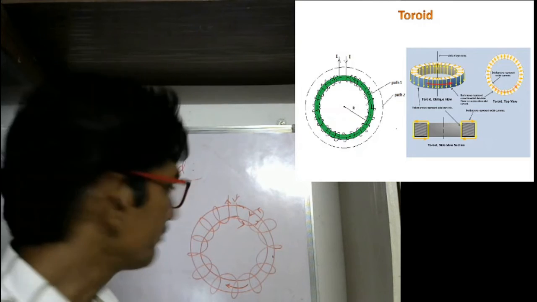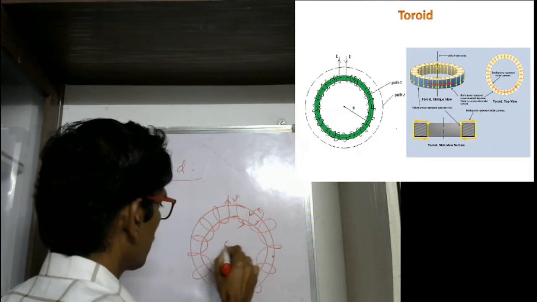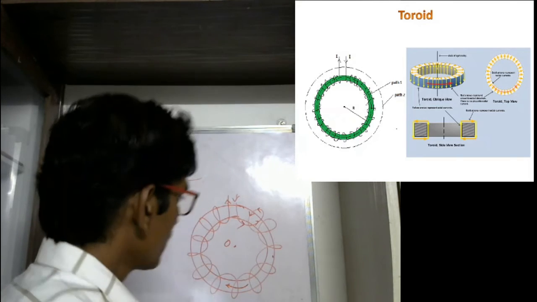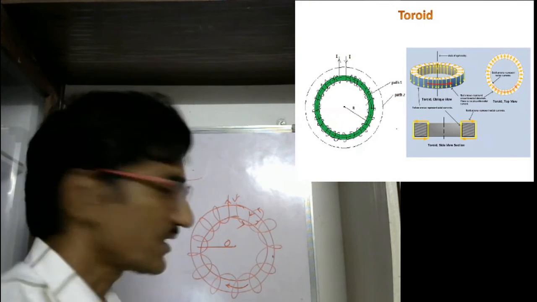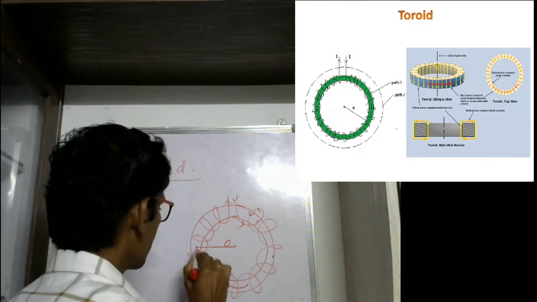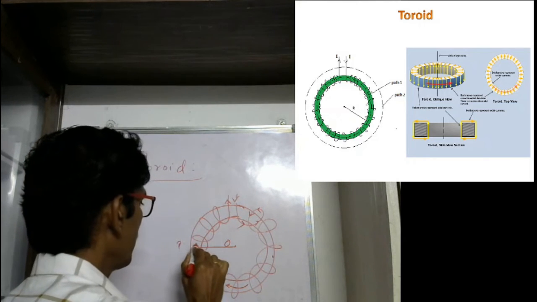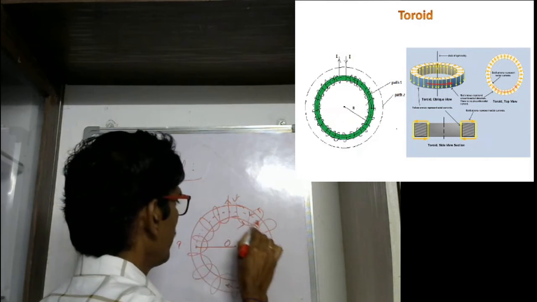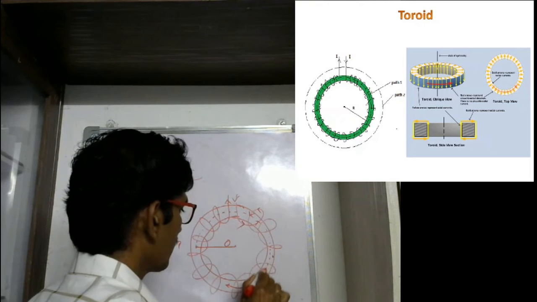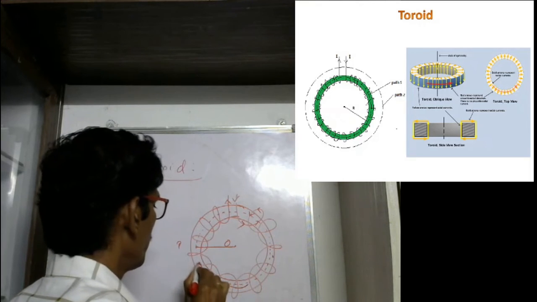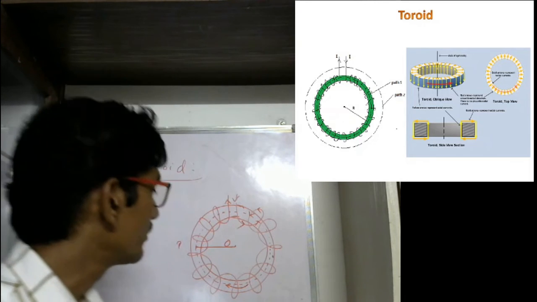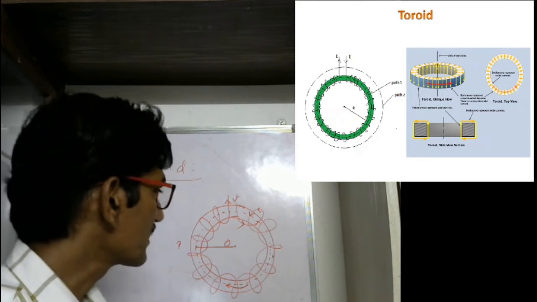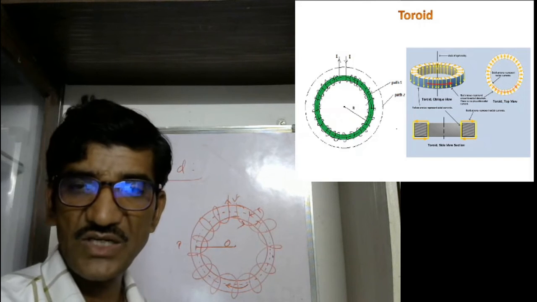Now, how to find this? Say this is the center of the toroid. Suppose that you want to find the magnetic induction at some point here. Say this is your P. For that, you have to take one closed curve passing through this torus.